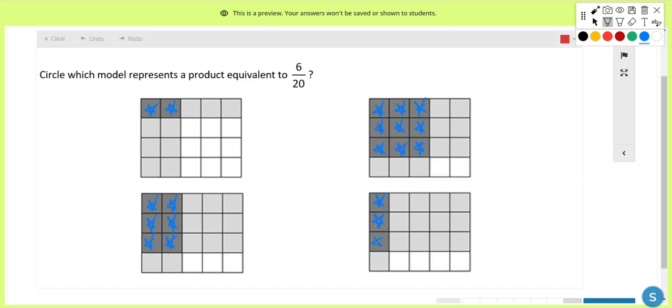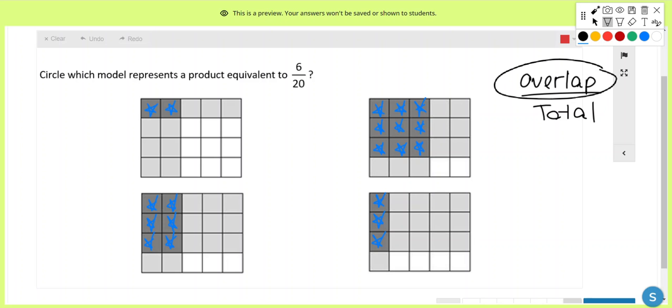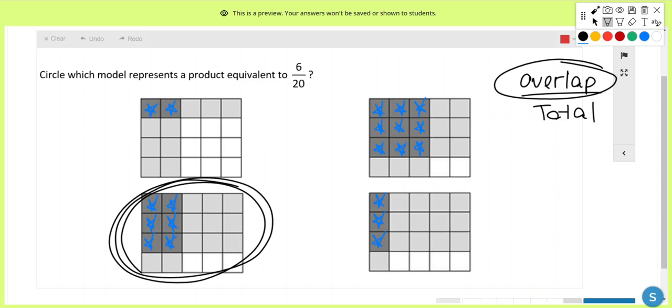And remember, when you find the solution, it's the overlap over the total. So each of these have 20 pieces. I need to figure out where there's an overlap of 6, so it should have been this answer here.